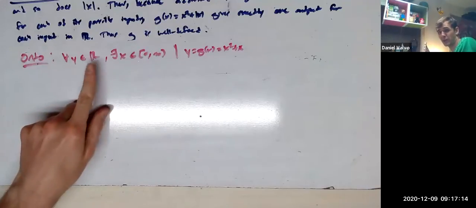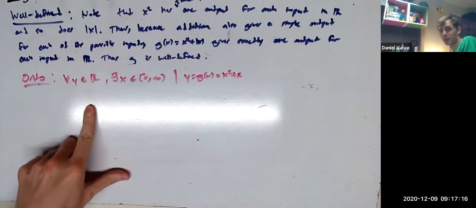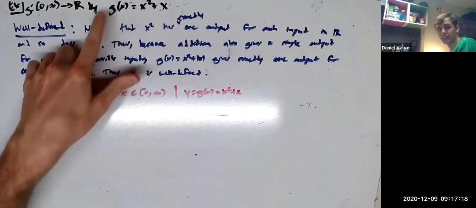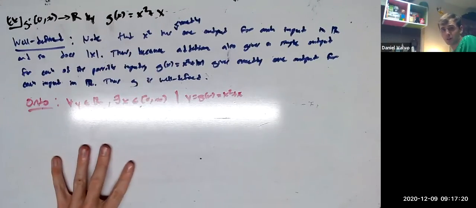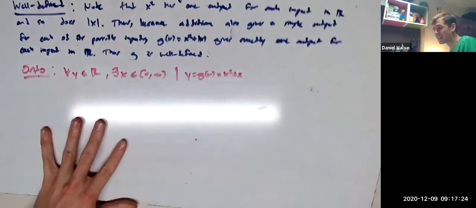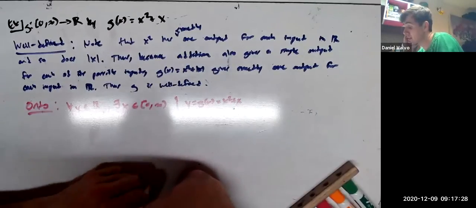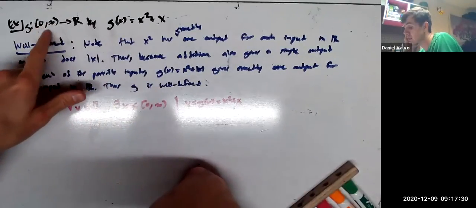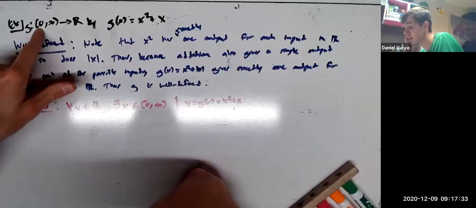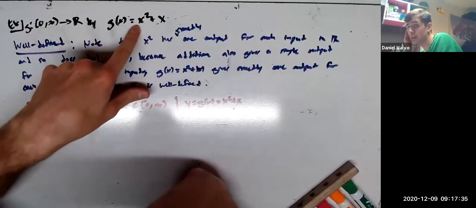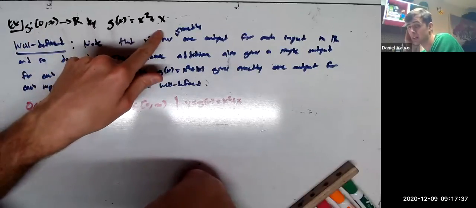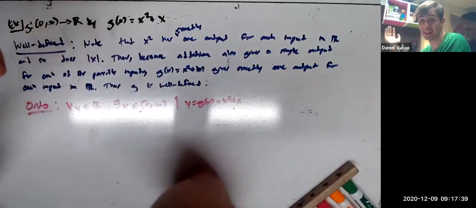So we think for any real number, we can plug something into our function here to get that number. What about like -5? Whoops, right? -5 is a classic counterexample, because for any non-negative number, x squared is going to be non-negative, x is going to be non-negative, so x squared plus x is going to be non-negative.